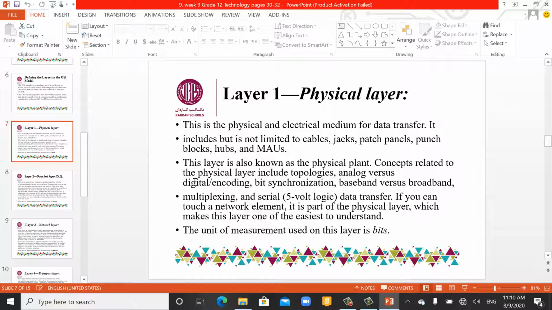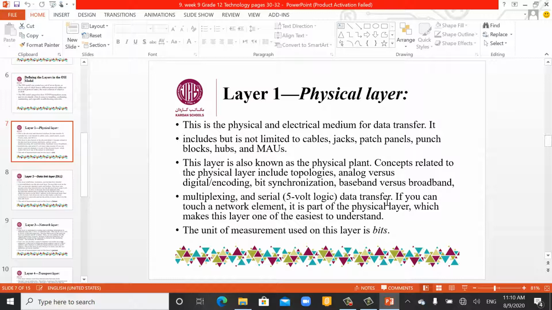Concepts related to the physical layer include topology, analog versus digital encoding, bit synchronization, baseband versus broadband, multiplexing, and serial voltage logic data transfer.